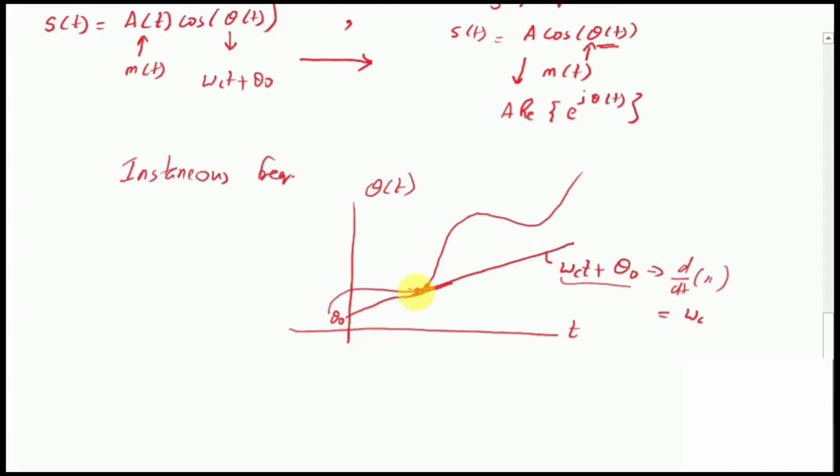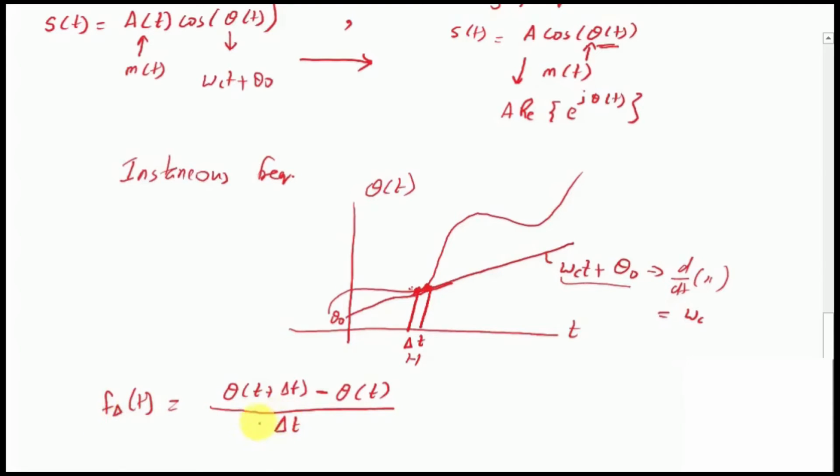So if we start at this point and take another increment after delta t, we are trying to find the rate of change of this angle with respect to delta t. This is something which we call the rate of change.